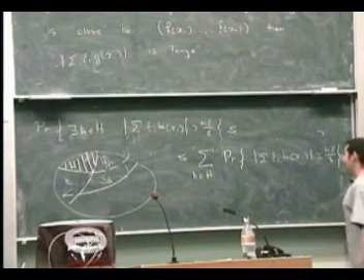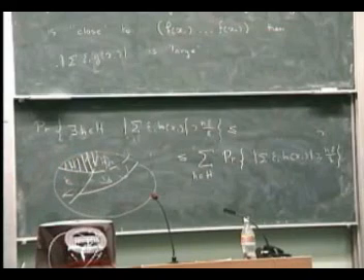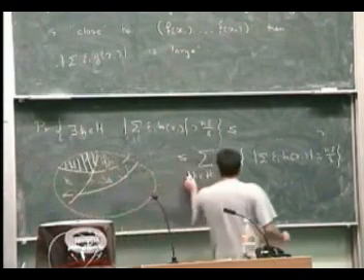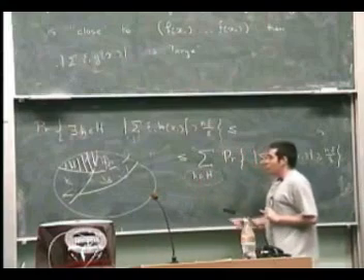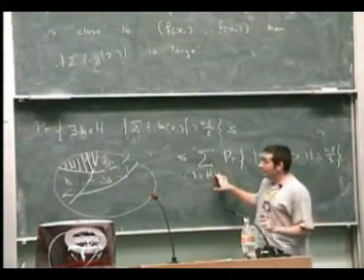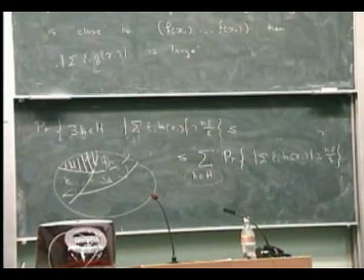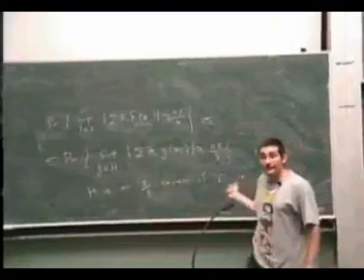So I did what I promised. I took an infinite class and reduced it to a finite class. What I lose is that I have to sum over a lot of functions. The number of functions is exactly the size of an epsilon over 8 cover of your class with respect to this norm. So that's the price I have to pay.